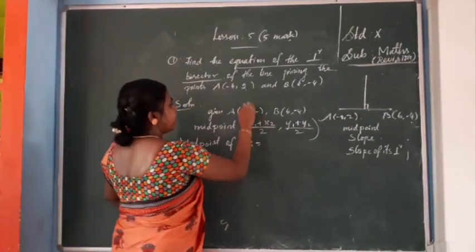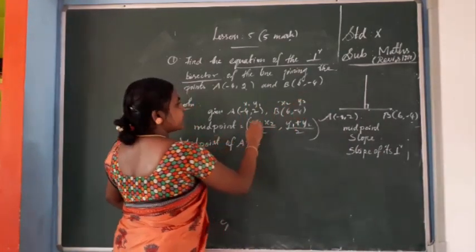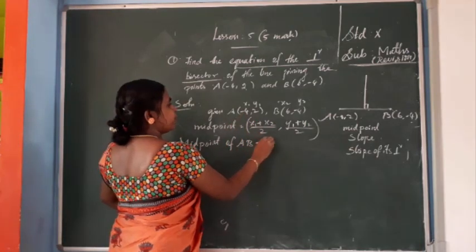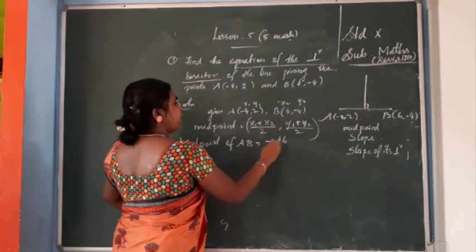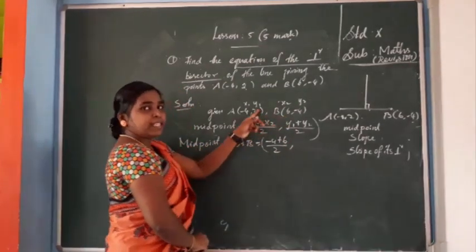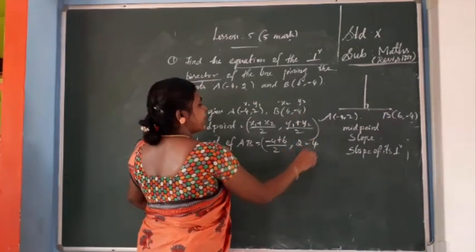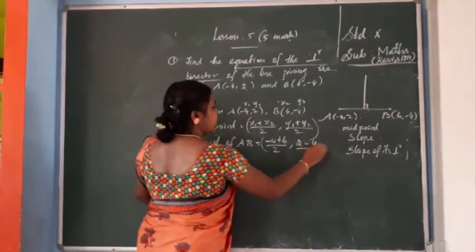Substitute here: minus 4 plus 6 by 2, comma, 2 plus minus 4 by 2.